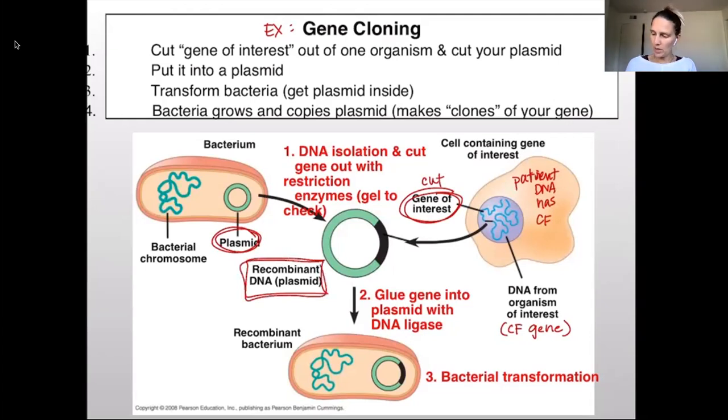This recombinant DNA has our plasmid with all those features, like an origin of replication, a promoter, our target gene, which is shown here, and an antibiotic resistance gene, right? We're going to glue them together with ligase, and we're going to do a bacterial transformation to get that plasmid into a bacteria.